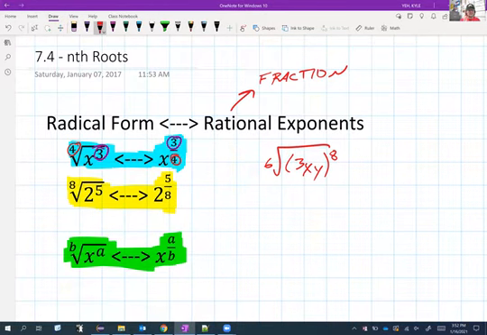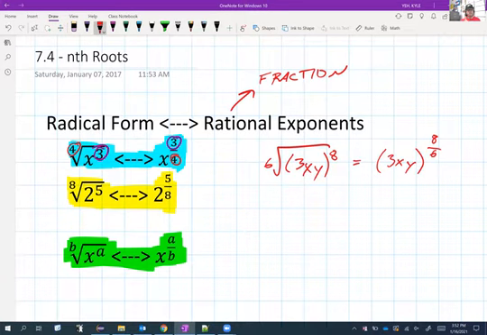Take a second and think about that one. Well, I could write that as (3xy) to the 8 over 6th, right?